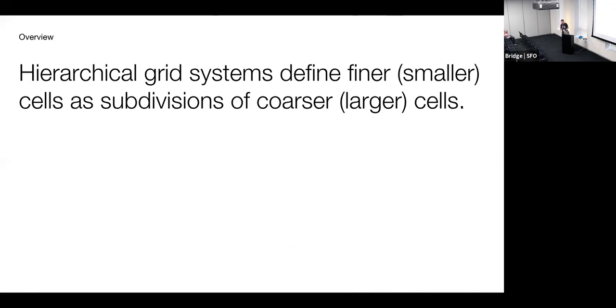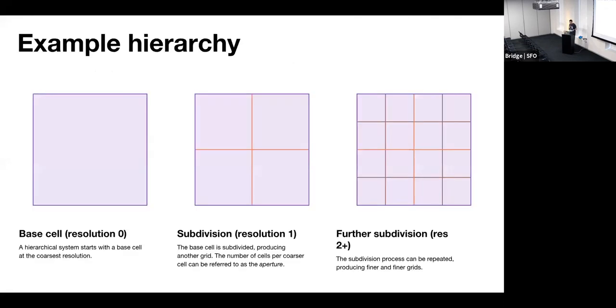And we'll say that a hierarchical grid system is defining finer cells or smaller cells as subdivisions of coarser cells or larger cells. And we also sometimes refer to this using the terminology of child cells and parent cells, child cells being the smaller ones and parent cells being the larger ones. So let's take a look at an example hierarchy, in this case using squares.